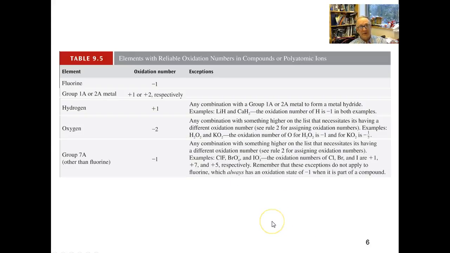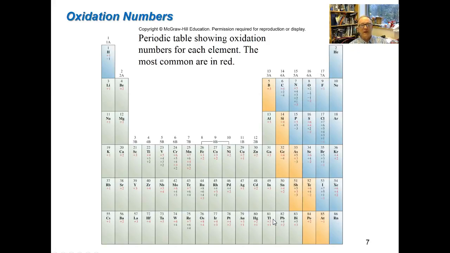So you need to learn, which means memorize, these oxidation numbers. Here's a periodic table showing the S, P, and D blocks, and you can see some oxidation numbers. For metals, it's pretty easy. The non-metals become a little bit more difficult, and they can either be positive or negative.